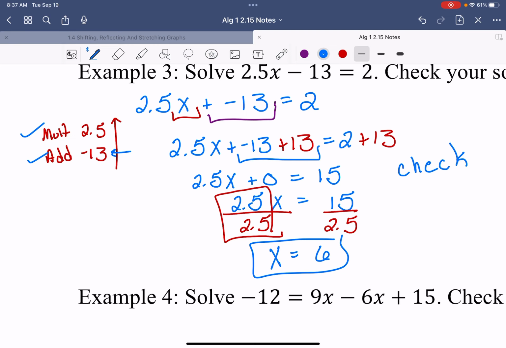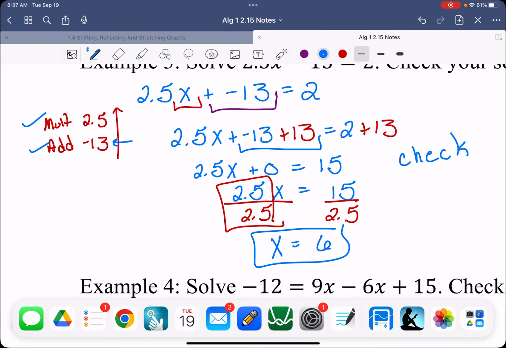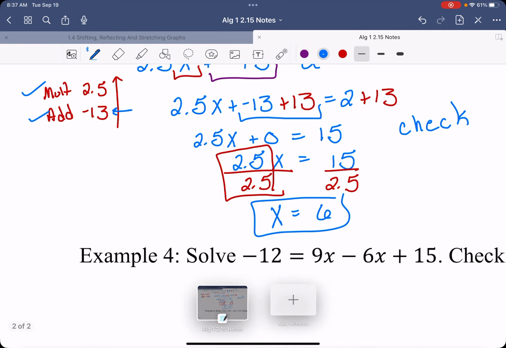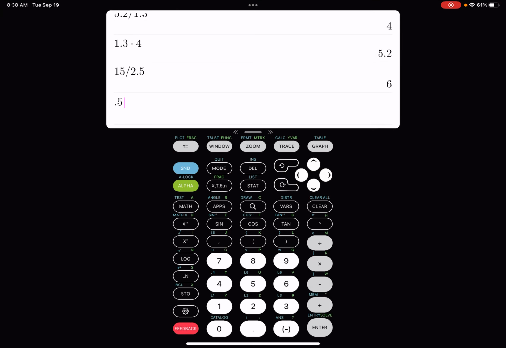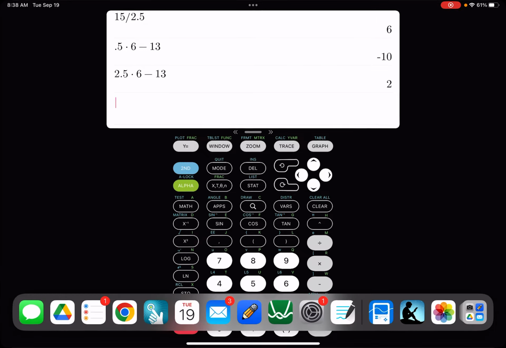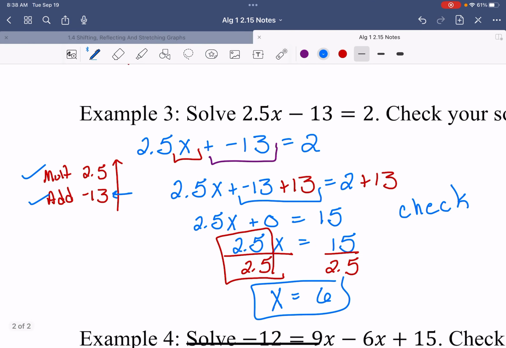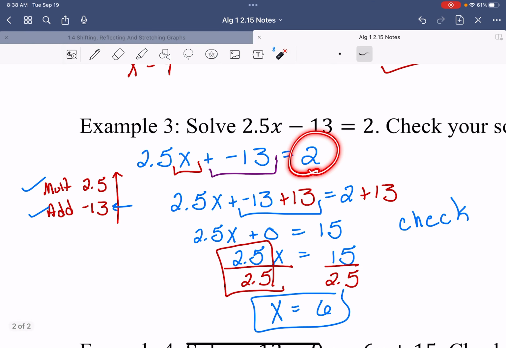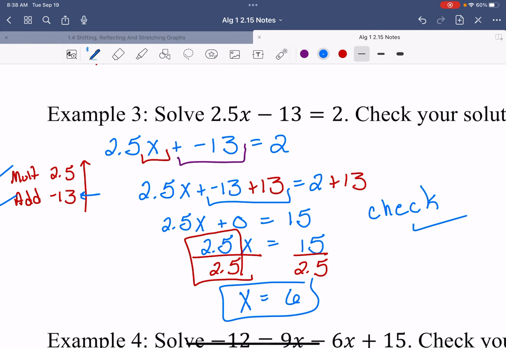To check my work, I come back to my equation, take 2.5 times 6, add a negative 13 or subtract 13, either way. Oh, it's supposed to be 2.5, sorry. 2.5 times 6, subtract 13. I get 2. Is that what I was supposed to get? Yep, 2. Check, it worked.